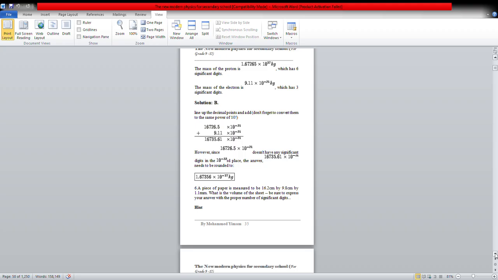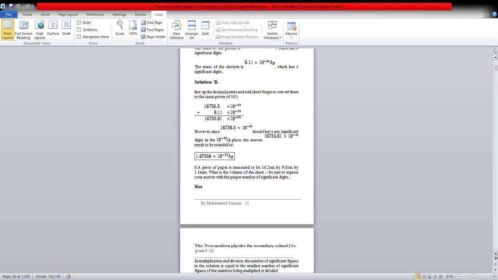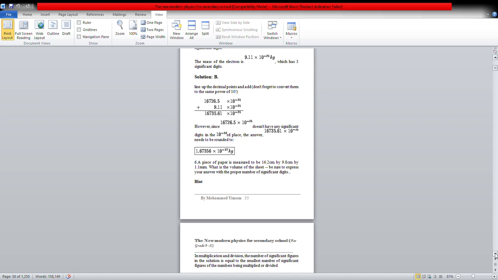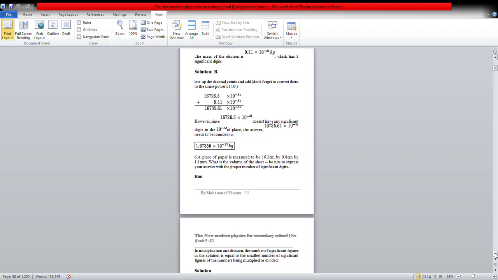Solution B. Line up the decimal points and add, and don't forget to convert them to the same power of 10. 16,726.5 times 10 raised to minus 31 plus 9.11 times 10 raised to minus 31. That means 16,735.61 times 10 raised to minus 31.